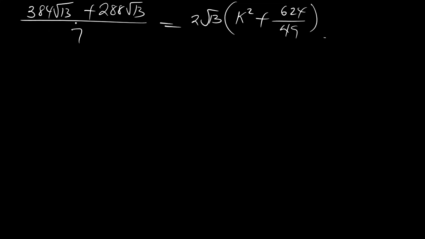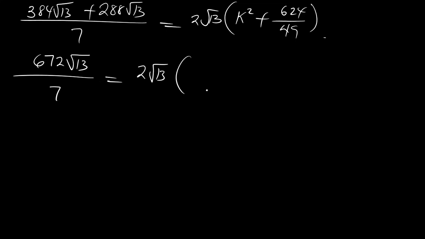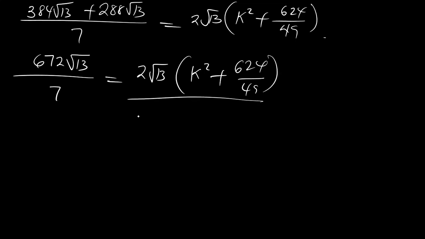Now if you add this together, 384 plus 288 will give us 672 root 13 divided by 7, equal to 2 root 13 bracket open K squared plus 624 divided by 49. Now let's divide both sides by 2 root 13.